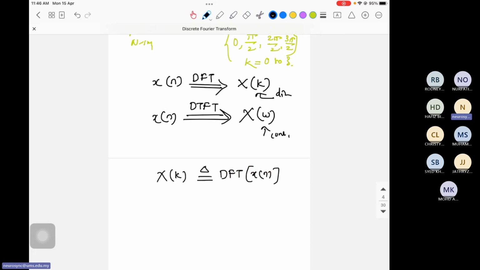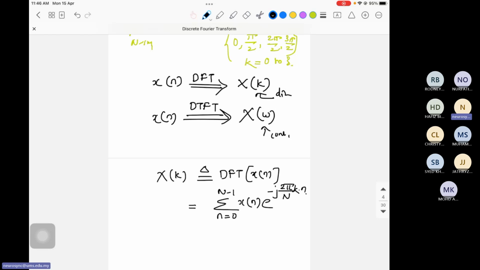This is basically the summation from n equal to 0 to N minus 1 of x of n e to the power minus j 2 pi by N k n.